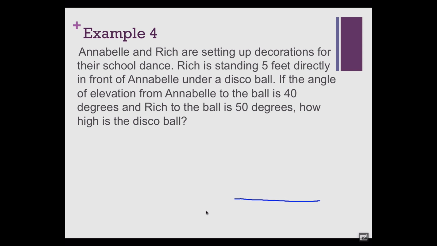Gym floor. Disco ball. Spot directly below the disco ball, perpendicular. Where's Rich? Under the disco ball.